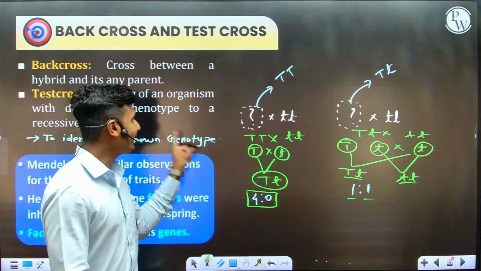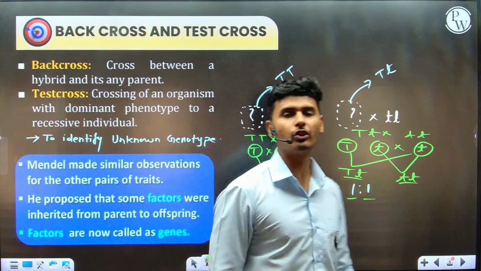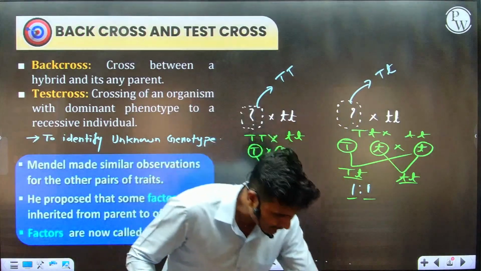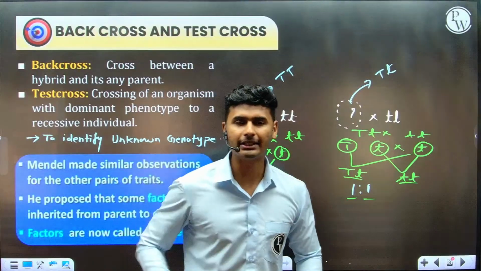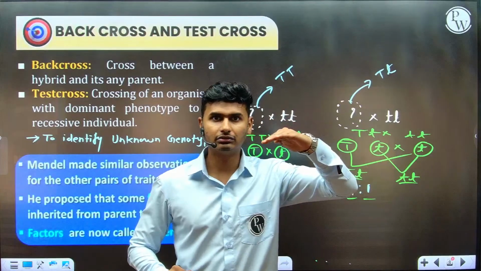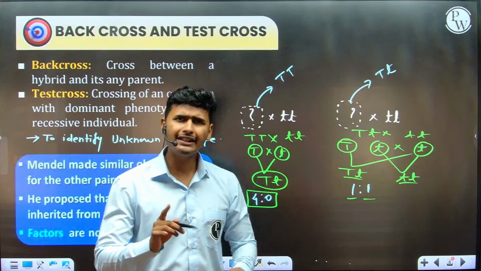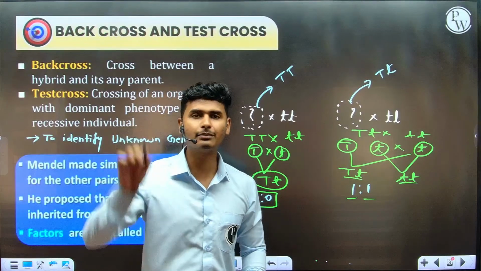Understood the thing? Test cross is responsible for identifying the unknown genotype. For the recessive parent, we know that they have a small height, so the symbol will be small t. But for the tall plant, we are a little bit confused: this tall is pure line capital T, or this tall is capital T small t.